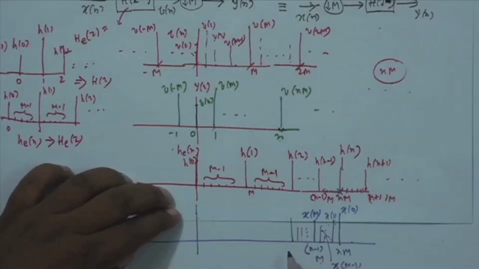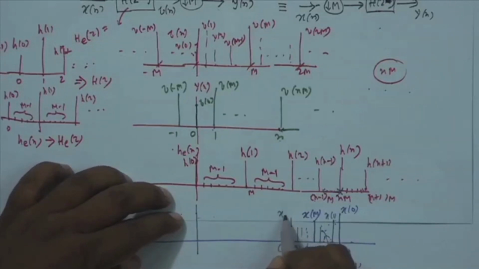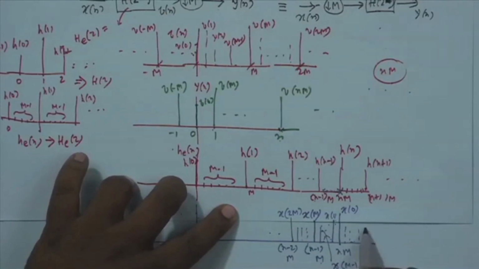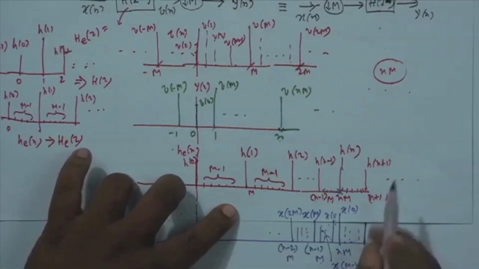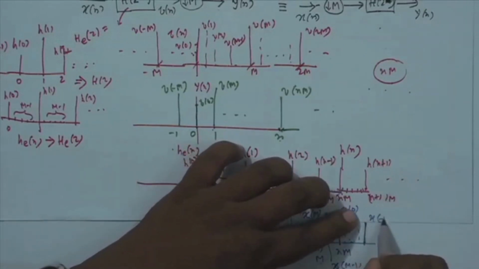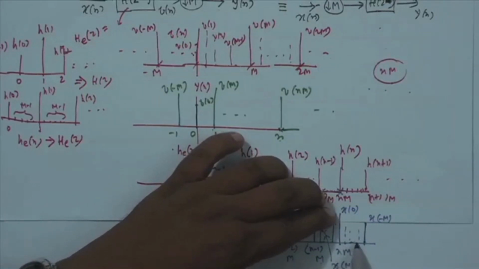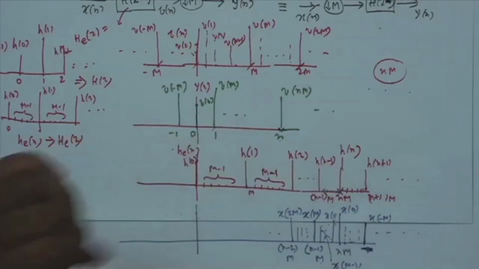Then at the next point, suppose n minus 2 into m, x 2 m comes. And on this side, some intermediate samples, then here x minus m comes from the left hand side, because m minus 1 samples, x 0, x minus 1, minus 2, so total m minus 1. So, after that, here we will have x minus m dot dot dot.